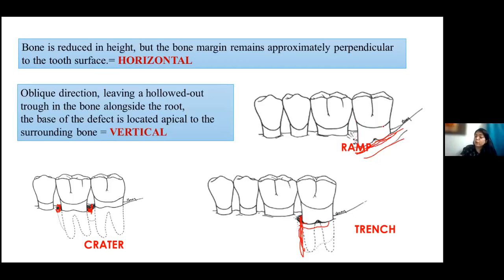This kind of bone loss is also common when there is trauma from occlusion. If there is a plunger cusp over here, there will be definite food lodgement, and if there is an interdental space here, you will see something like this, a ramp, when you open the gingiva.